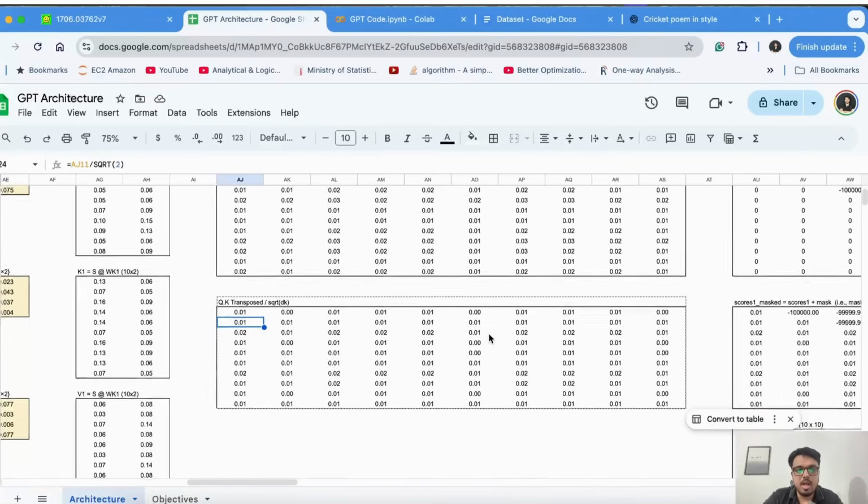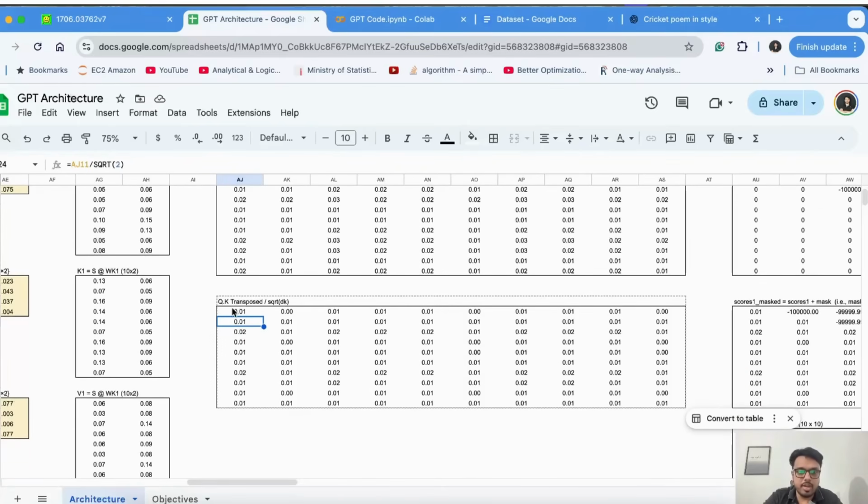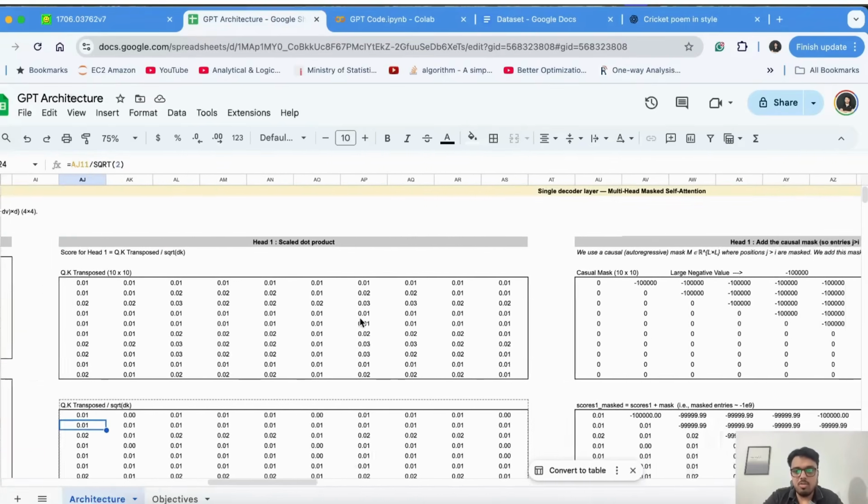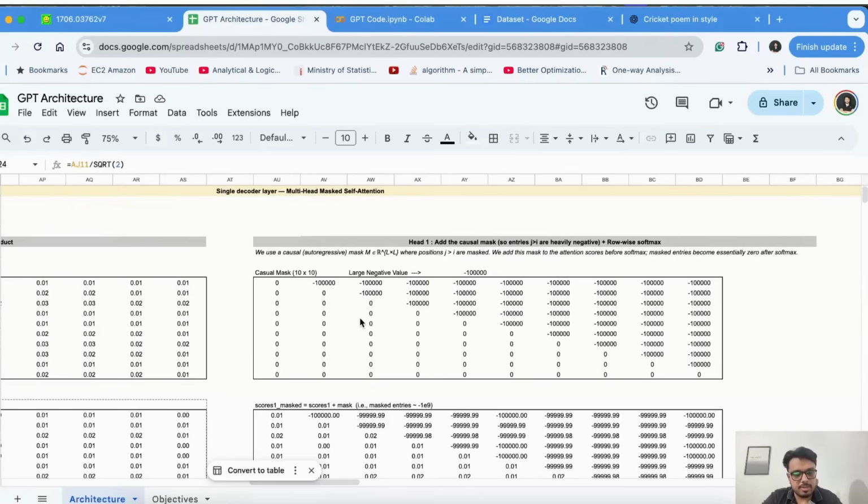Okay, and once we have this QK transpose, now we add a causal mask. The reason that we do causal masking here is to ensure that words in a given sequence are not considering how the interaction is happening with a future word.